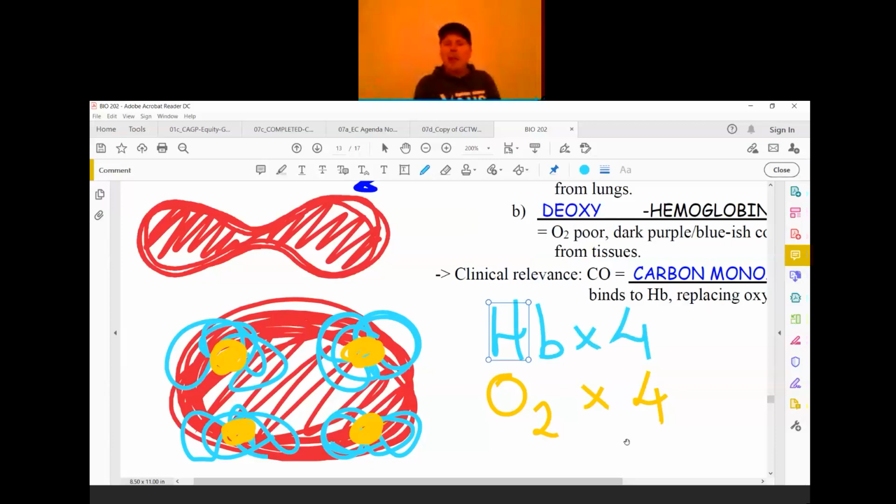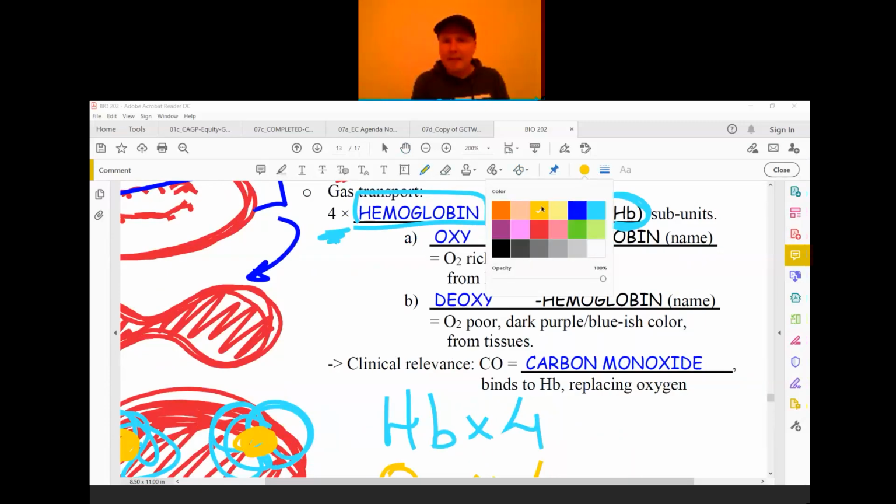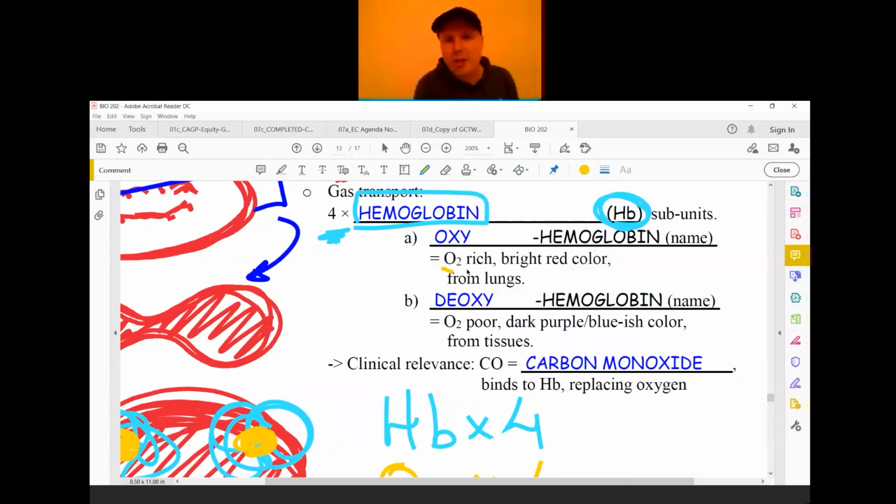So sometimes we can look at the blood, and especially the red blood cells, based on how much oxygen it has. Well, if we have a lot of oxygen in the red blood cell, so it's rich in oxygen, we talk about being oxyhemoglobin.